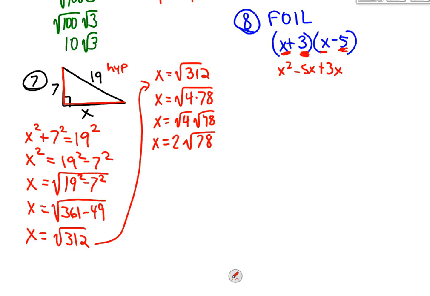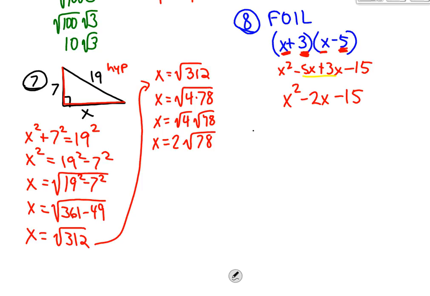Last terms are minus 15 when we multiply. Notice here we can combine like terms, and so we'll do that next. And when we do that, we'll get x squared, and then minus 5x plus 3x is minus 2x, and then minus 15. Just a little reminder of the FOIL method.